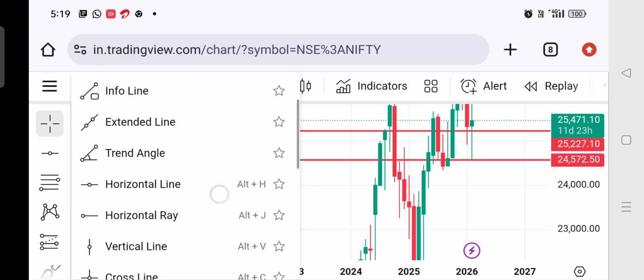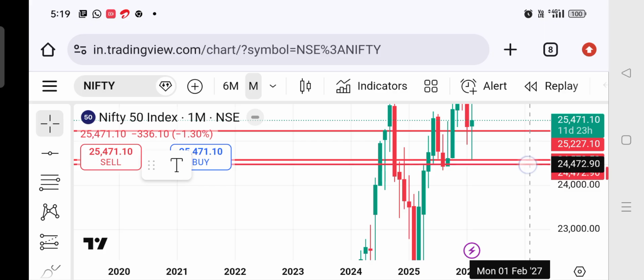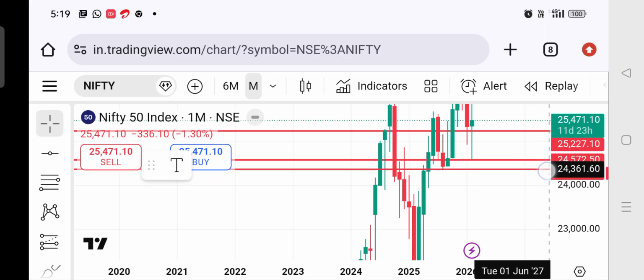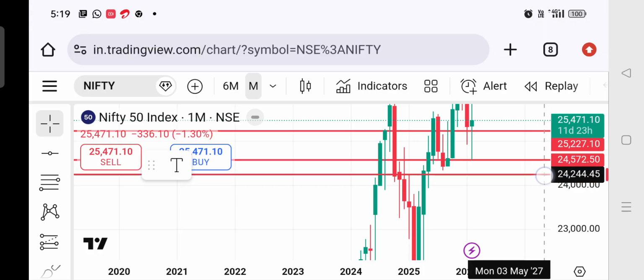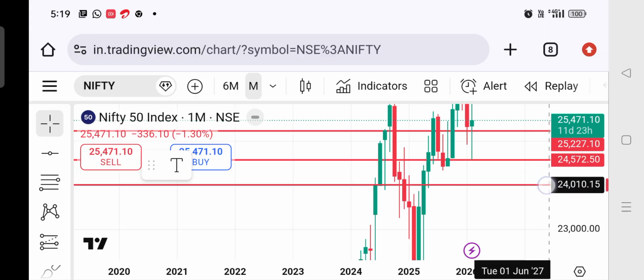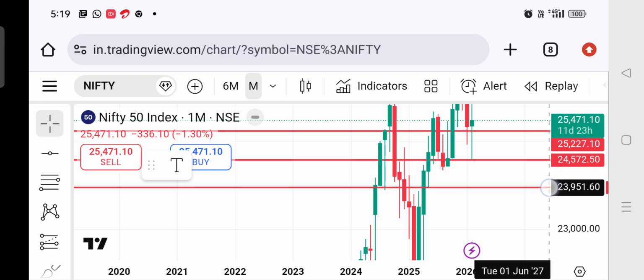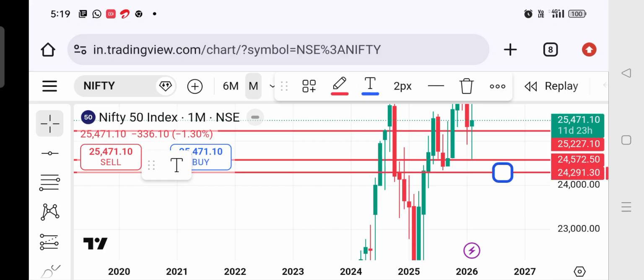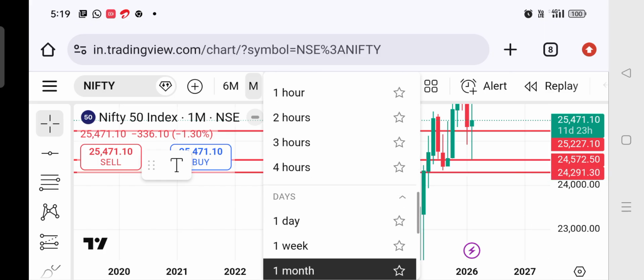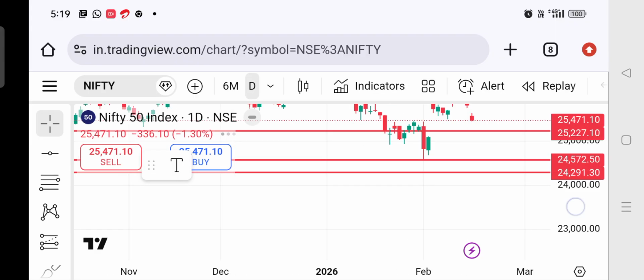After you will getting this level. Okay, you will go on change it the day chart.